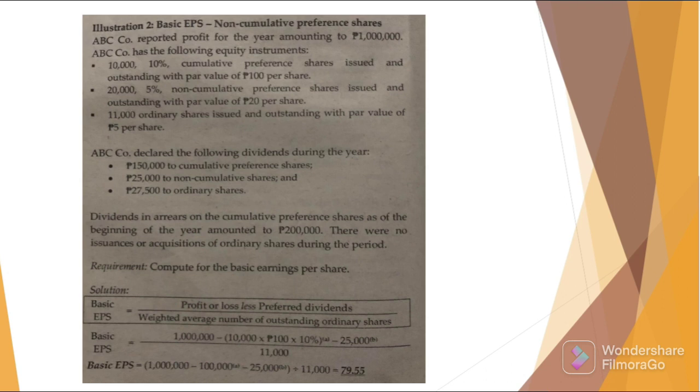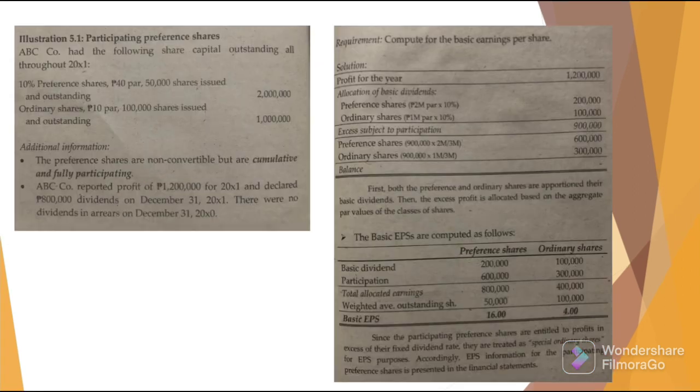Ngayon, try naman natin computing yung participating preference shares. Yung problem dito is ABC Co had the following share capital outstanding all throughout 2021. Yung given is 10% preference shares, 40 pesos par, 50,000 shares issued and outstanding, that would give 2 million preference shares.